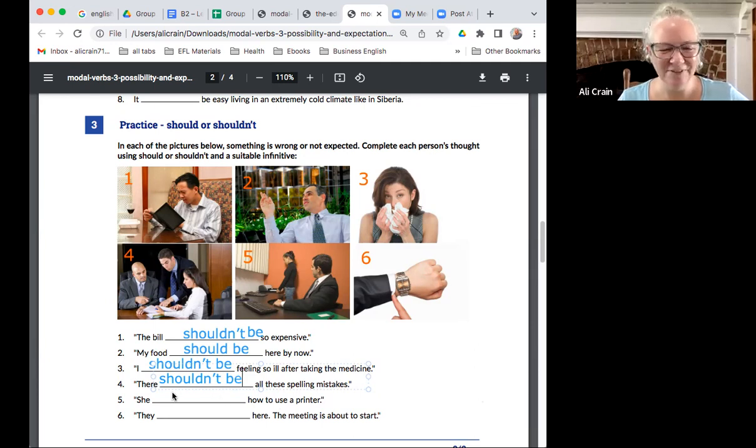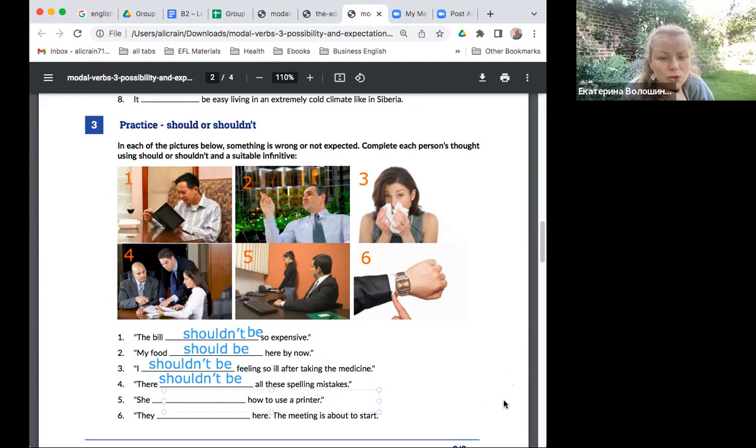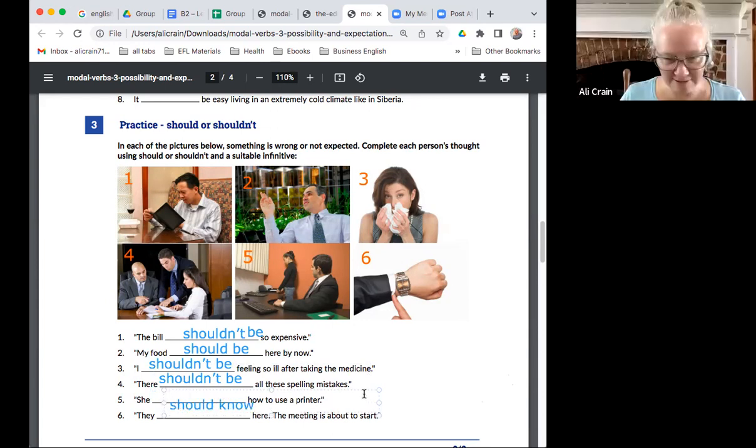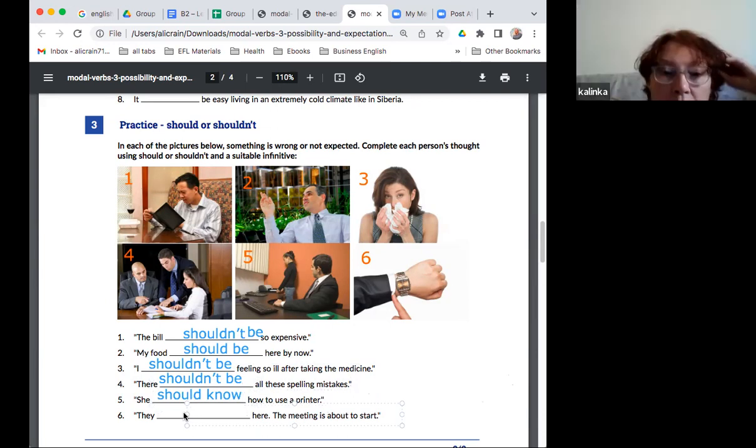Katya, number 5. He should know how to use a printer. Yes, good. All right, and Kalinka, number 6. They shouldn't be here. The meeting is about to start.